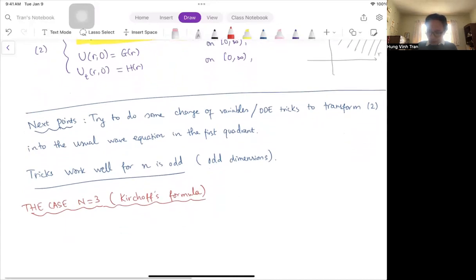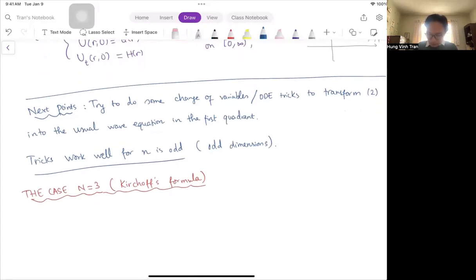All right. So when n equals 3, equation 2 becomes, let me just write out the equation without the initial conditions: u_tt equals u_rr plus 2 over r times u_r.